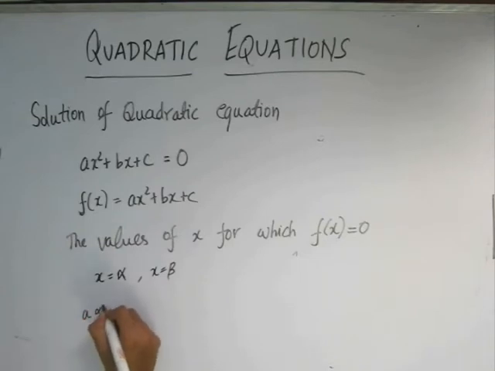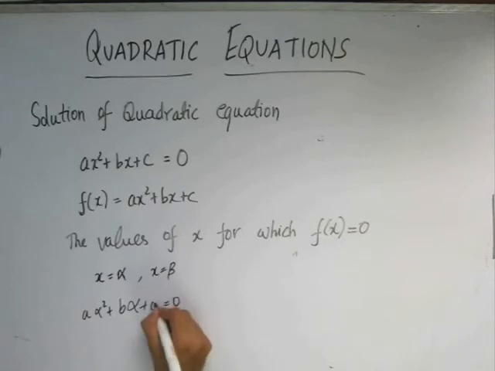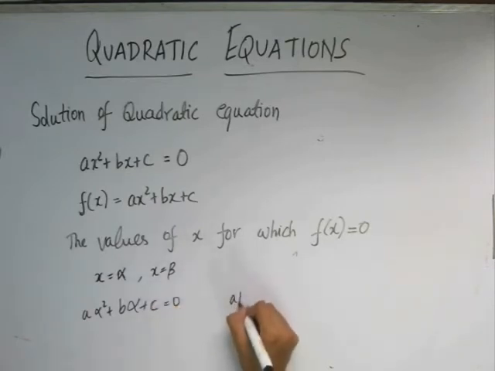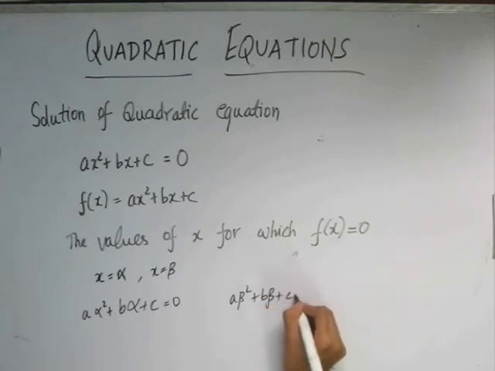So that means that a alpha square plus b alpha plus c will be 0, and at the same time a beta square plus b beta plus c will also be equal to 0. So in this case alpha and beta are called the solutions of the quadratic equation, or in other words they are known as the roots of the quadratic equation.